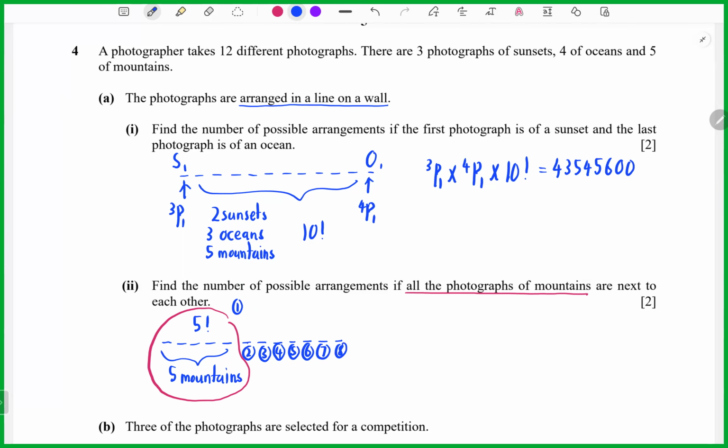We have 8 possible ways to place the group, so we take 5 factorial multiply 8.